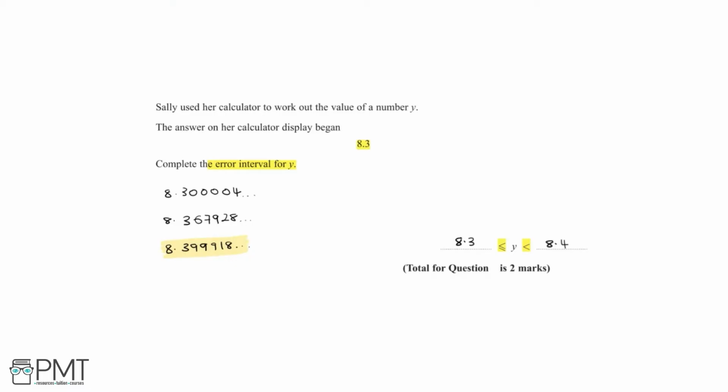And so we've found that the error interval for y is that y is greater than or equal to 8.3, but less than 8.4. We get 1 mark for correctly finding 8.3 and writing this on the left hand side. And we get the second mark for correctly finding 8.4 and writing this on the right hand side, allowing us to get the full 2 marks needed in this question.